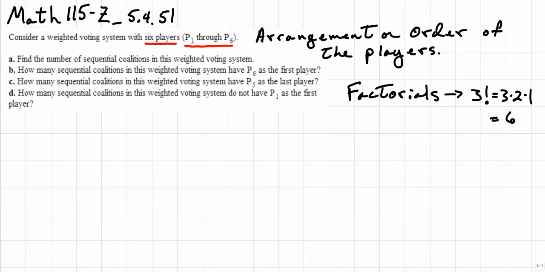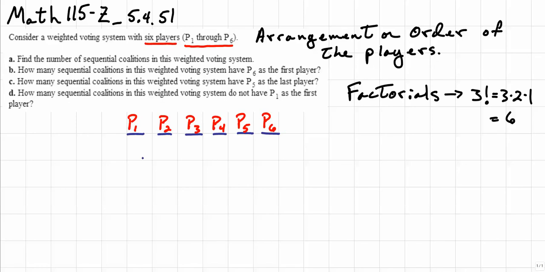If we have 6 players, that means there are 6 positions in the sequential system where a player can occupy a position. For example, we could have player 1 here, player 2 here, player 3 here, player 4 here, player 5 here, and player 6 here.